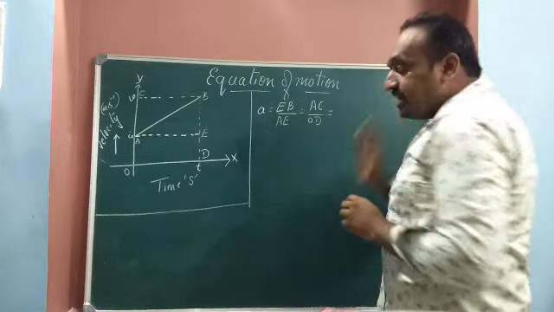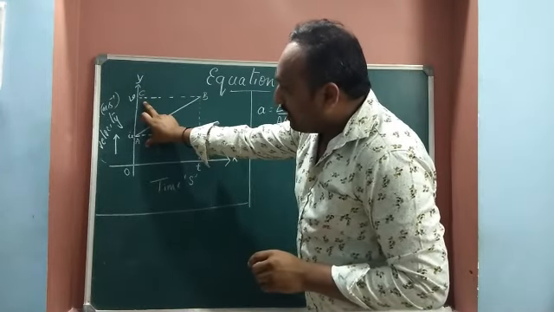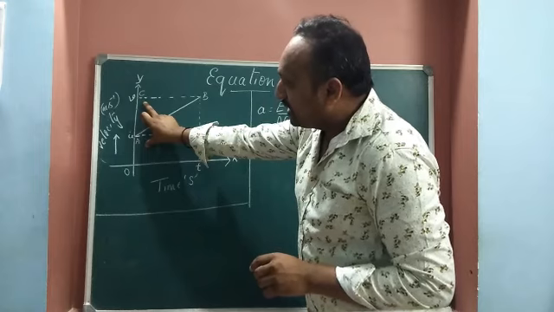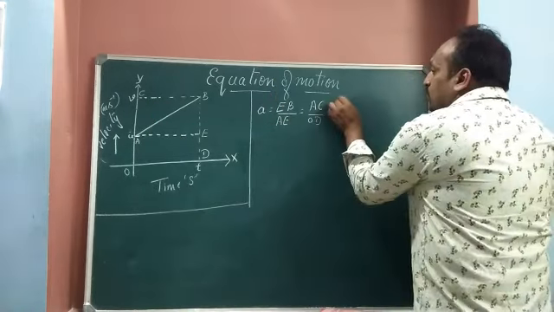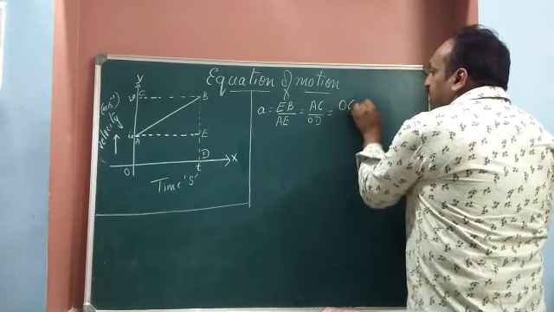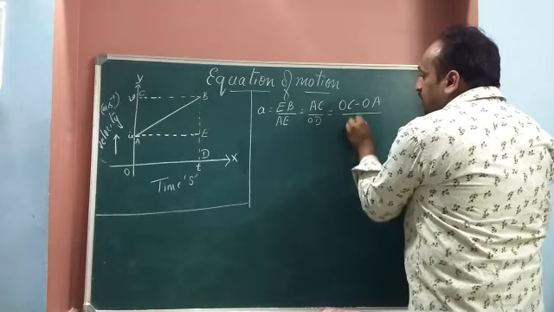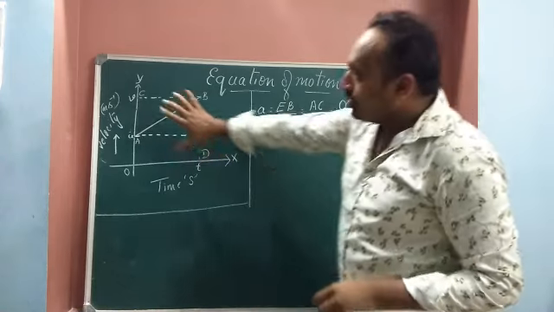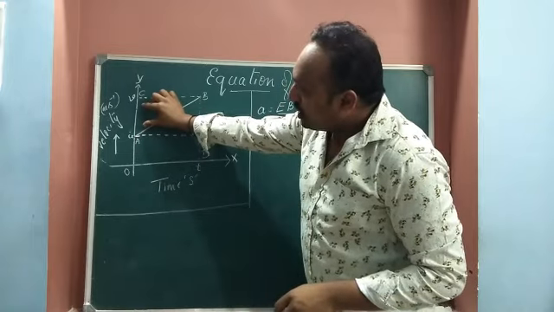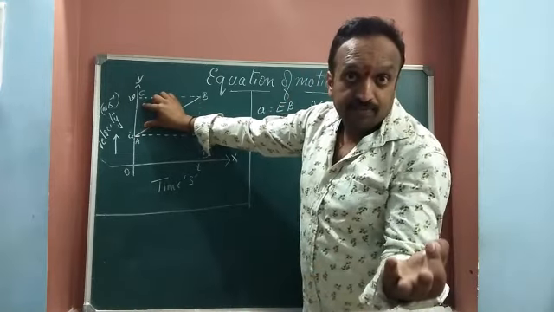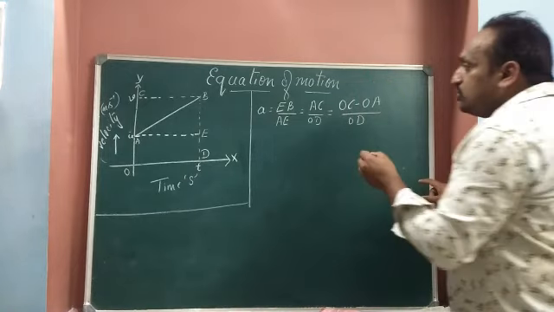Next line. See here. To find the value of AC, it is very clear that it is OC minus OA, divided by OD. Once again, OC minus OA is going to give you the value of AC. So just substitute the values which you know.